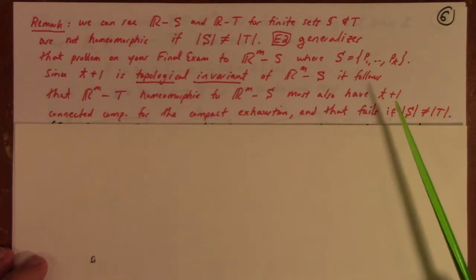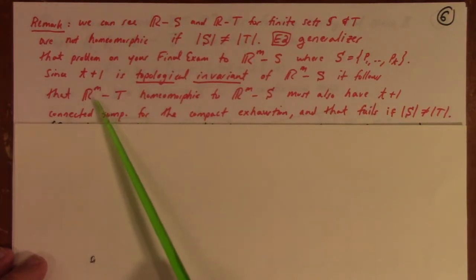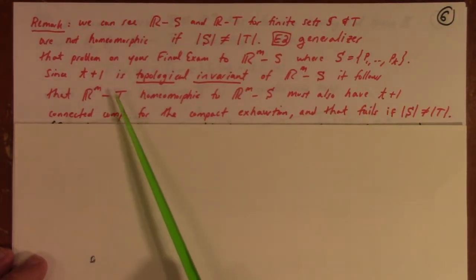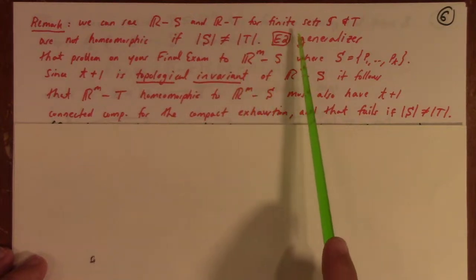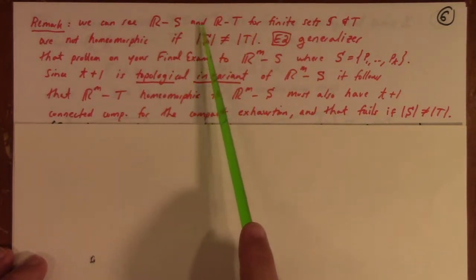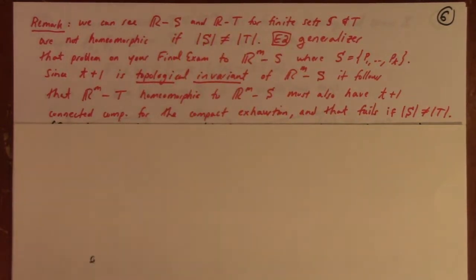So that's pretty neat, because that allows us to distinguish between Rm with 3 points deleted versus Rm with 4 points deleted. And we don't have to rely on our simplistic connected components argument like we did. I mean, it's still about connected components, but it's through the means of this exhaustion argument. So it's a little bit more sophisticated than what's on your final, right?